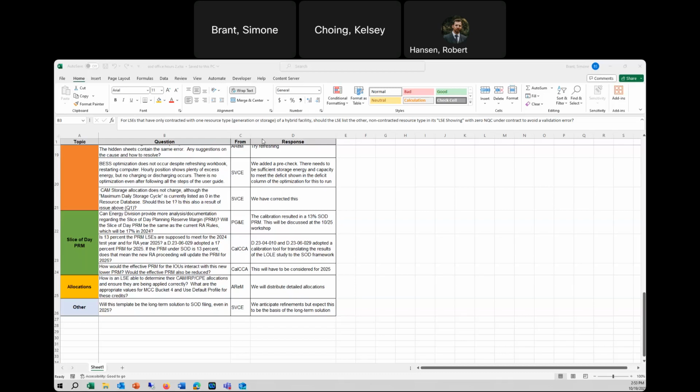You go ahead, Simone. It's related to the fleet that came out of the modeling results. So there wasn't really anything we could go use for the 17%. Right.